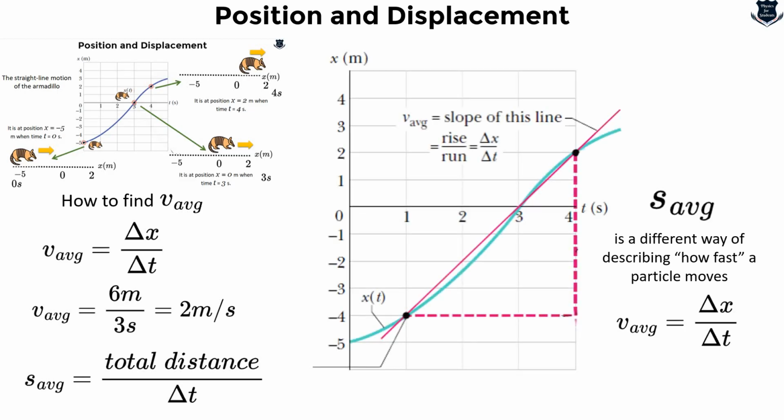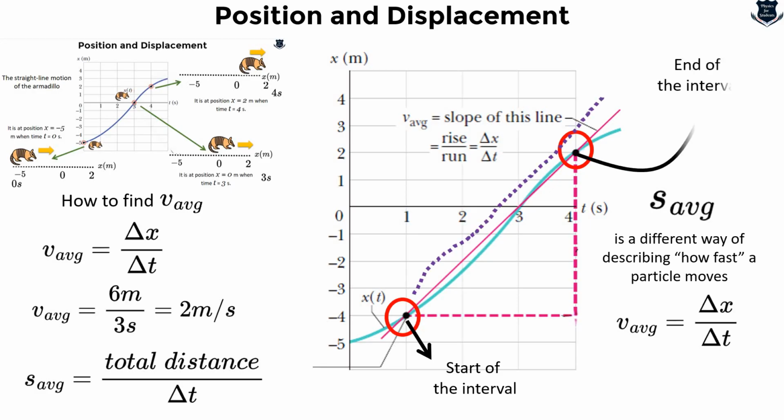Now in this type of pictorial representation, what I would like to show you is that this is the start of the interval and this is the ending of the interval. That means the interval ends over here, and we draw this kind of a straight line. This purple line is connecting both of the points, and these are the two times, from 1 to 4.